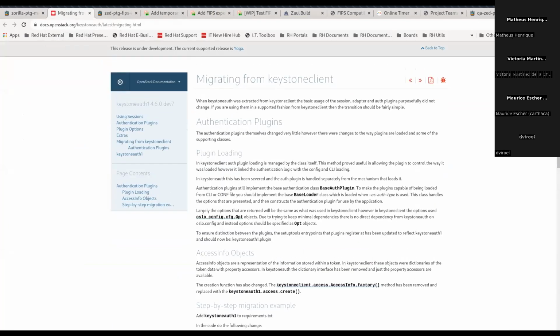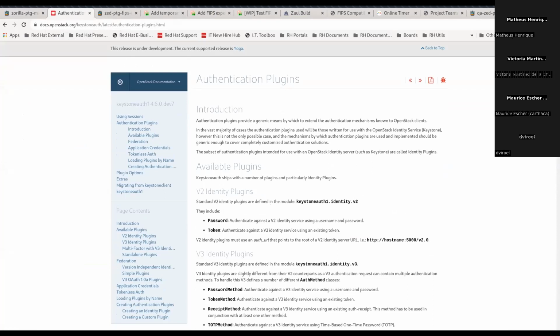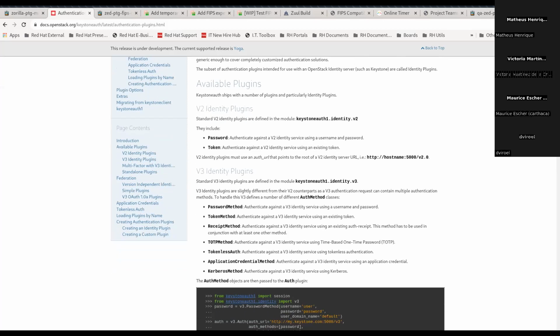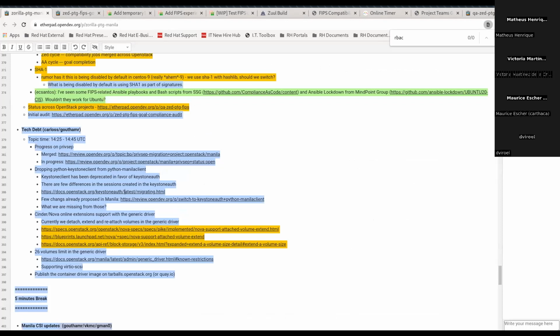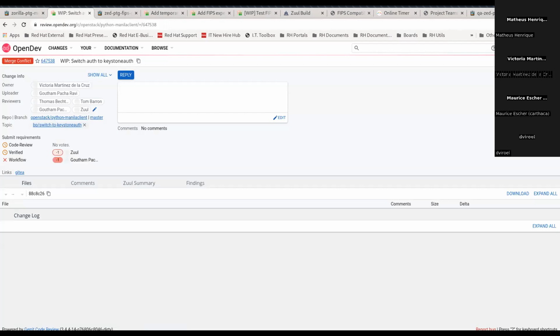The documentation describes the difference between the authentication plugins and the advantages of using keystoneauth, for example, more authentication methods and some new features. A few changes were already proposed for python-manilaclient, a few were merged, and there is one big one still in progress.